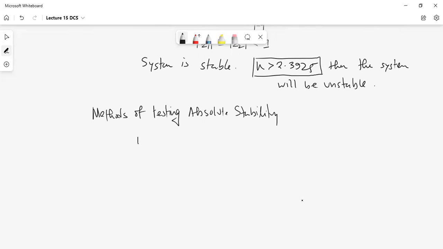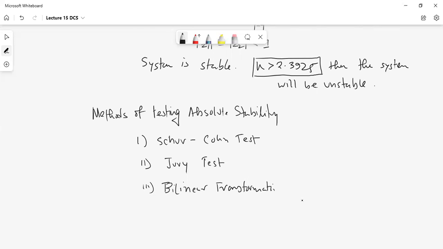Number 1 is the Schur-Cohn test, then you have the Jury test, and the third one is the bilinear transformation, along with the known Routh's criterion.